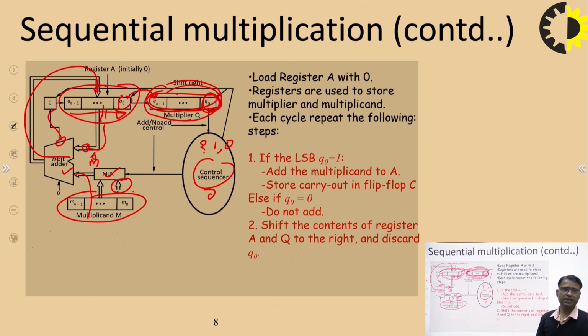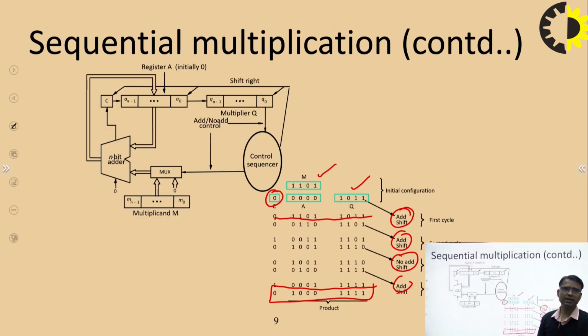So, certainly the sequential multiplier approach using shift registers is much faster than the array multiplier, and with high reliability.